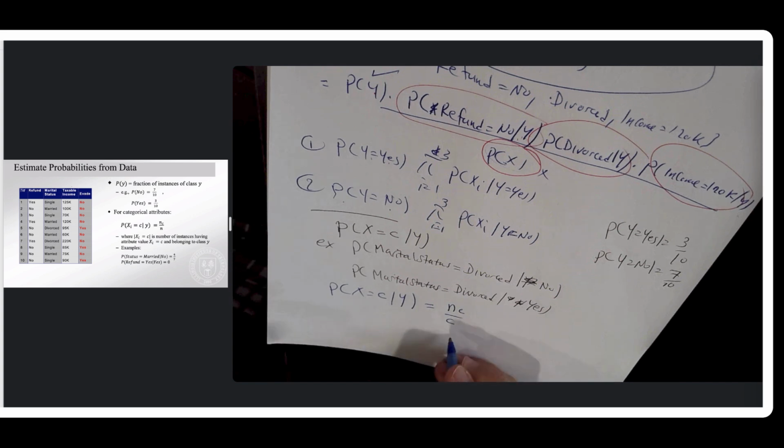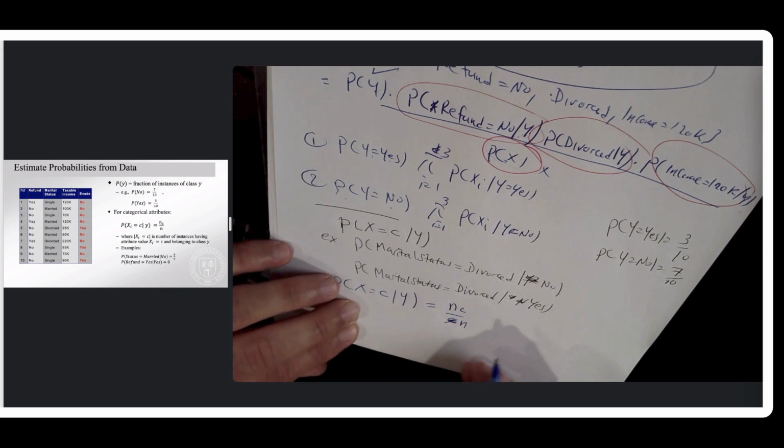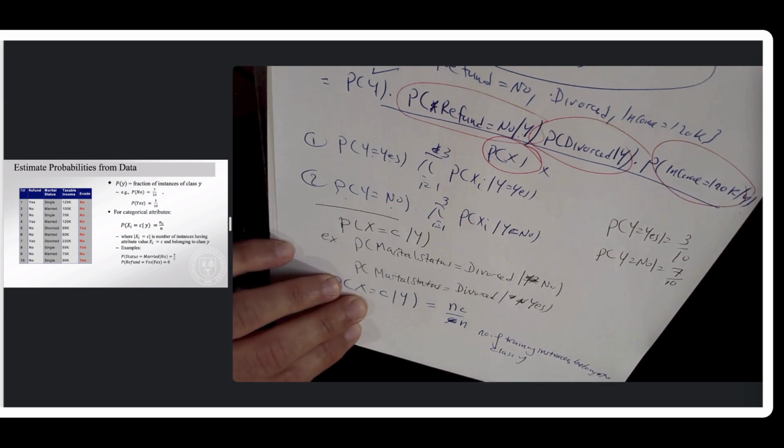So in this case, n is the number of training instances belonging to class y. How many training instances have the class label, either yes or no?